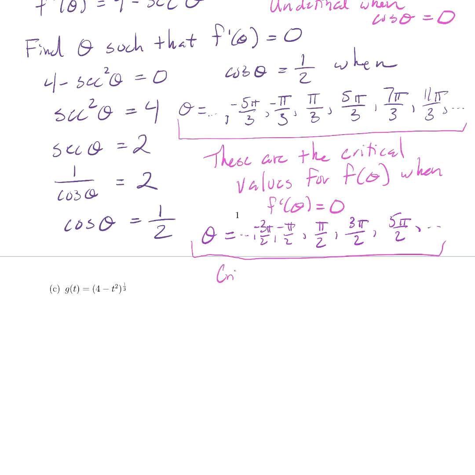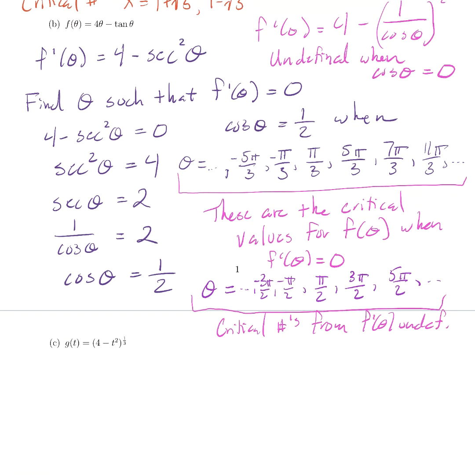So these are critical numbers also, and these are the critical numbers from f prime of theta being undefined. So this function actually has a lot of critical numbers where the derivative is either 0 or undefined.